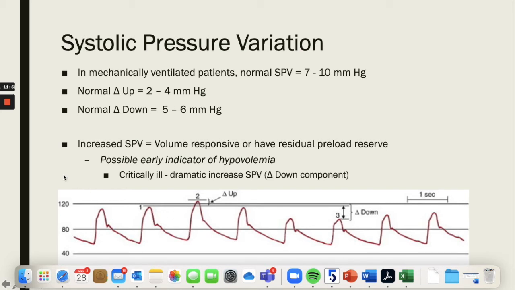And so this is also a possible early indicator of hypovolemia in patients. I'm not saying that it is the primary indicator of hypovolemia, but it's a possible early indicator. And in a critically ill patient, you will see a dramatic increase in the SPV, so greater than 10, and it's usually the delta down component that you're going to see that biggest change in.